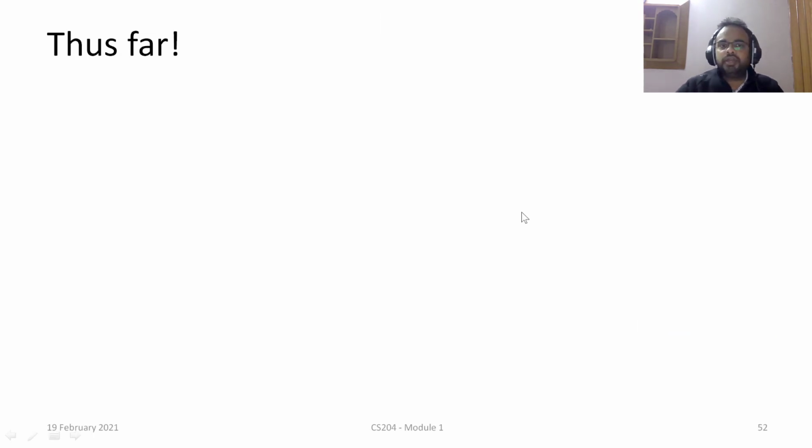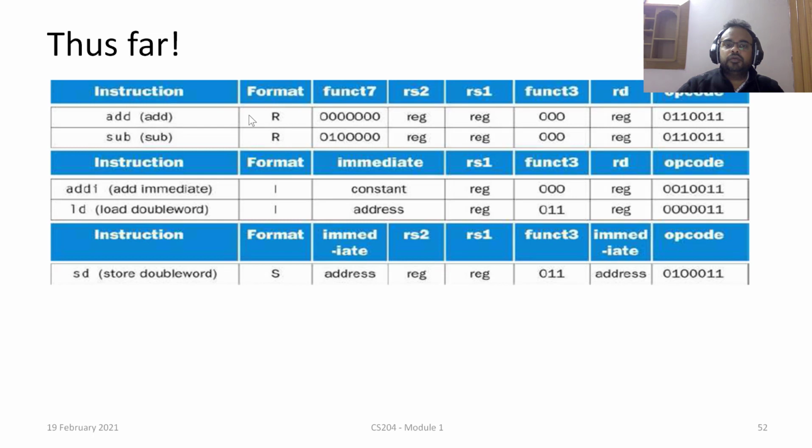So thus far what we have seen are a few R format instructions, the add and subtract, right? They have 6 fields: opcode, followed by RD, function 3, RS1, RS2 and function 7. And when it comes to the I format, we have a few immediate arithmetic instructions, and we have shift instructions with a slightly different variant of the I format, but they can still be grouped as I format instructions.